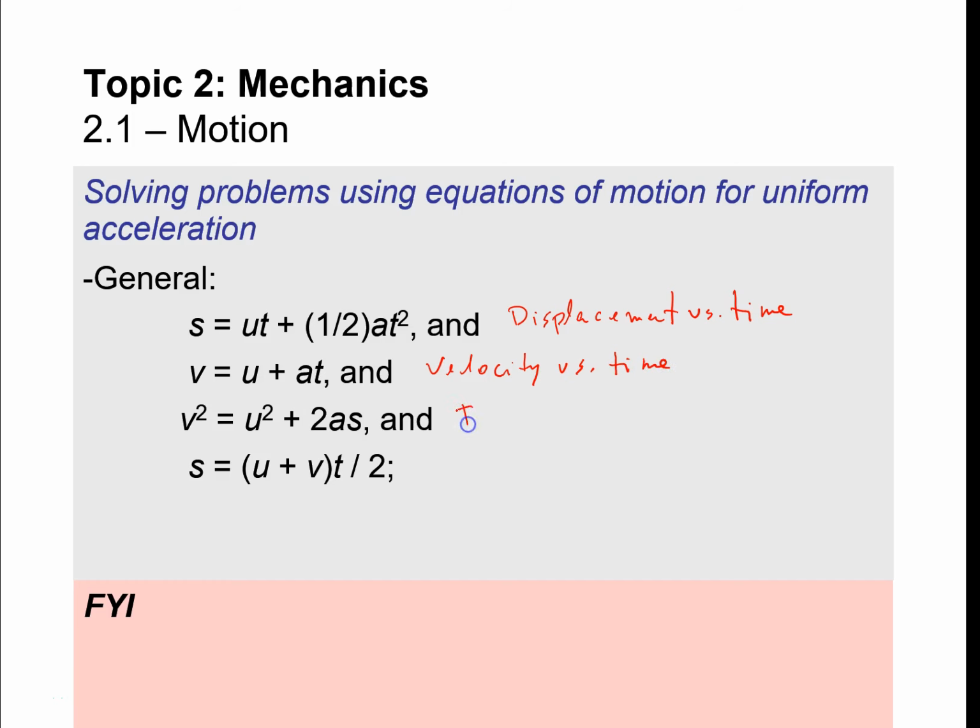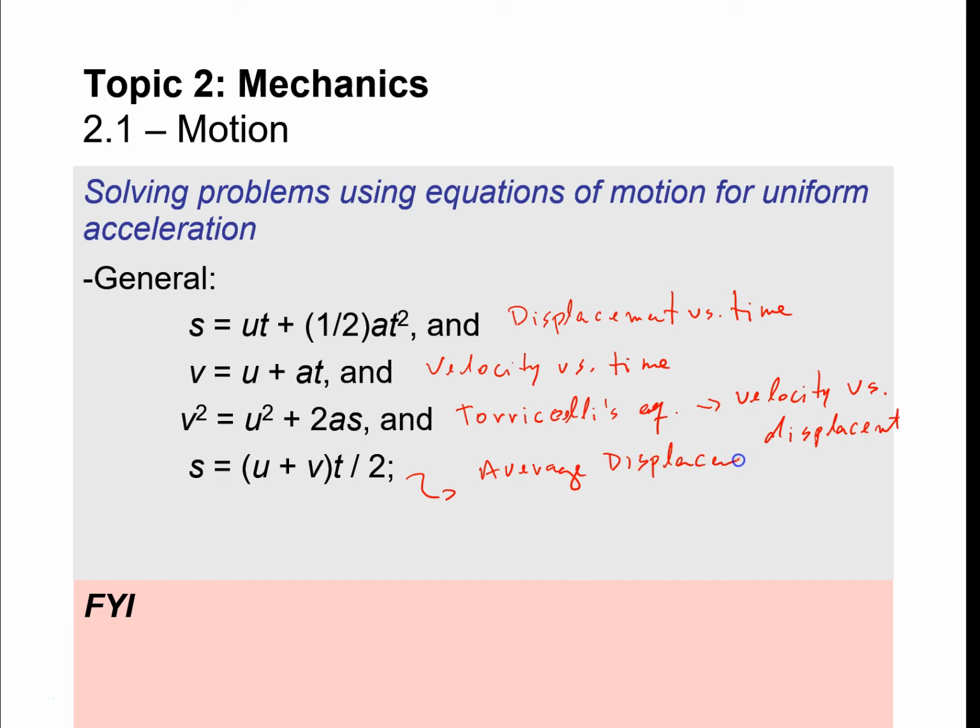The third equation, which is also known as, I never know exactly how to spell Torricelli, Torricelli's equation, is velocity as a function of displacement. And finally, this equation here is known as the average displacement, or something like this.